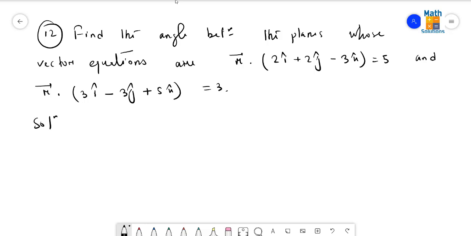So coming to the solution part, what do we have to do? From these equations we have to find out some results.